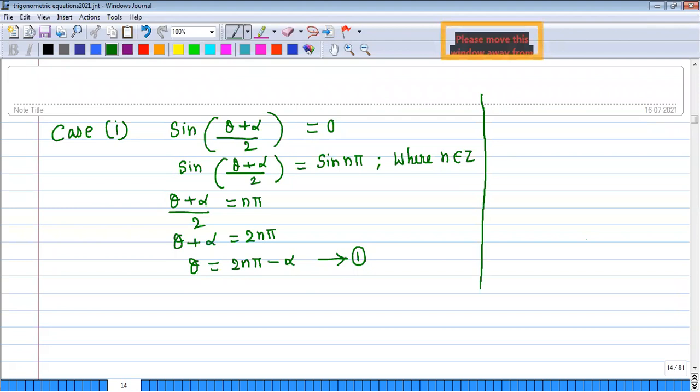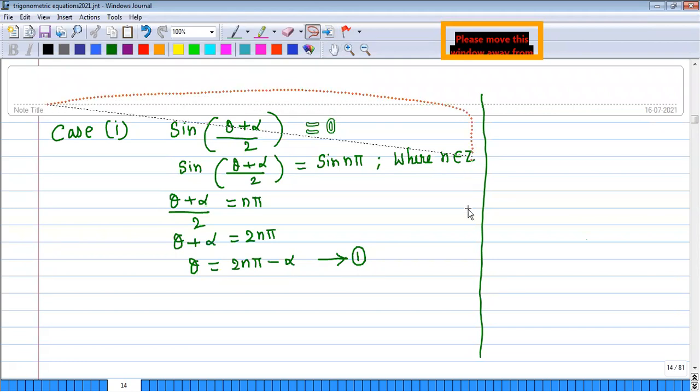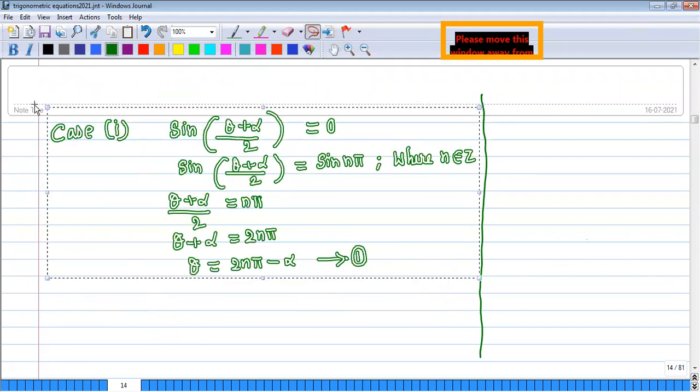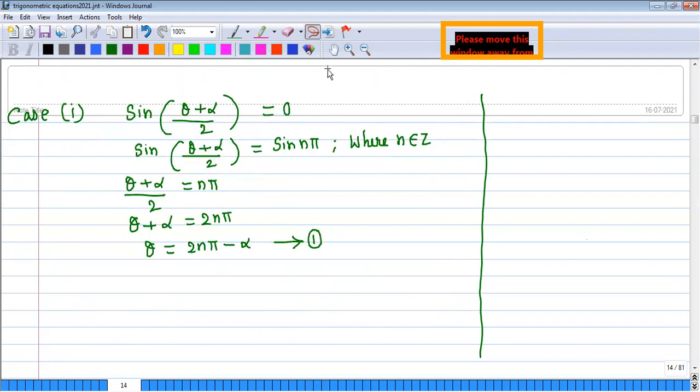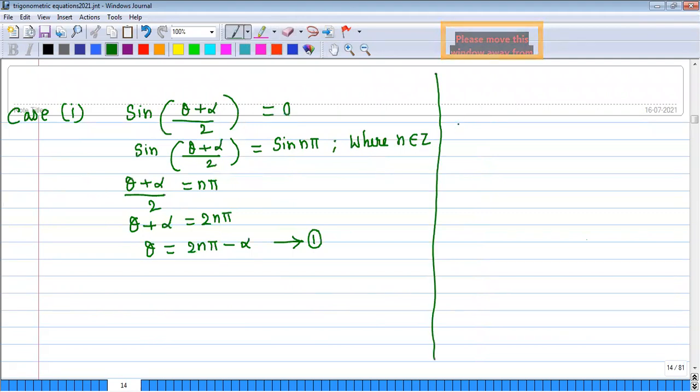Now let us do case 2. Case 2: sine of (theta minus alpha) by 2 is also 0.